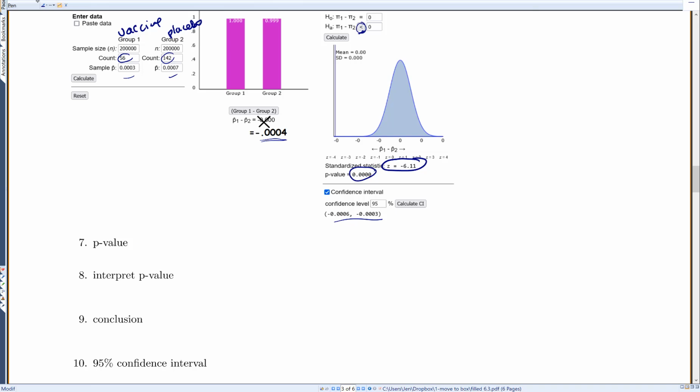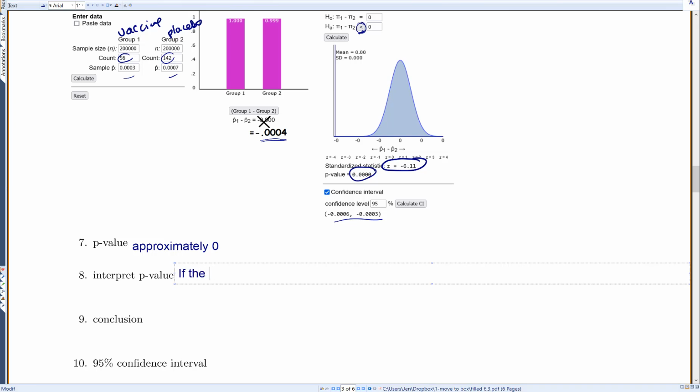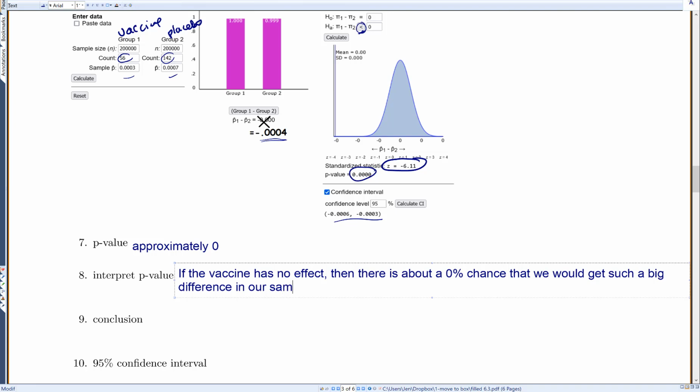So my p-value is approximately 0. And if I wanted to interpret it, we'd say something like, if the vaccine has no effect, if the null is true, then there is about a 0% chance, it's not exactly 0, just rounded, that we would get such a big difference in our sample proportions.